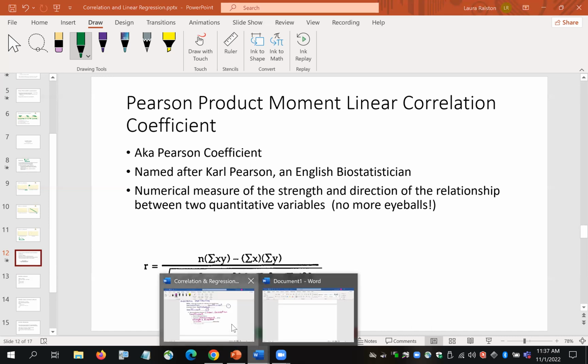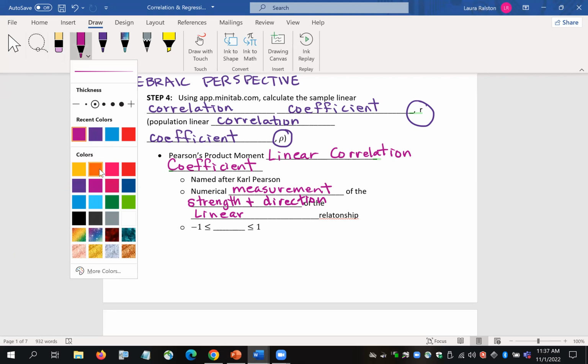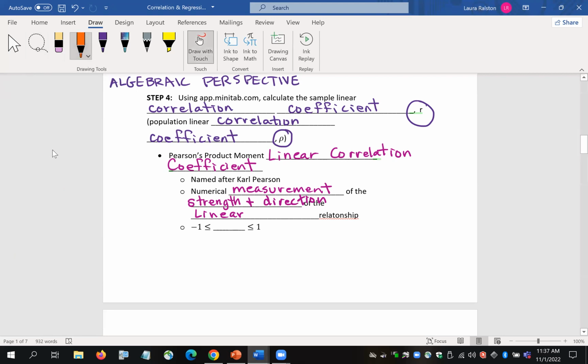Okay, but going back over here into the fill in the blank notes, the other thing about R that is going to be important to us is that the R value is between -1 and +1. And that's also true if you're talking about it in terms of the population correlation coefficient as well.